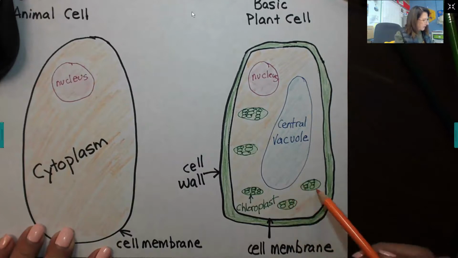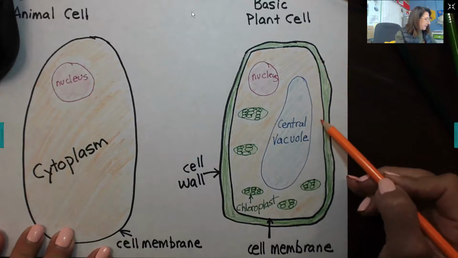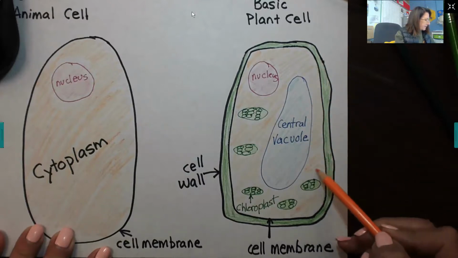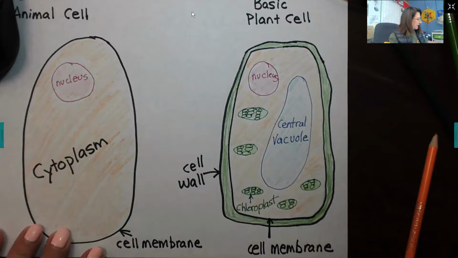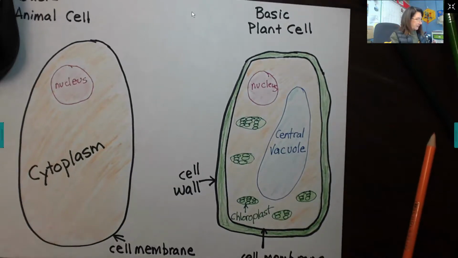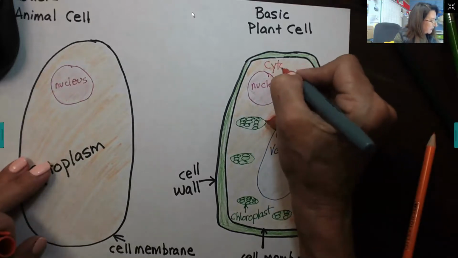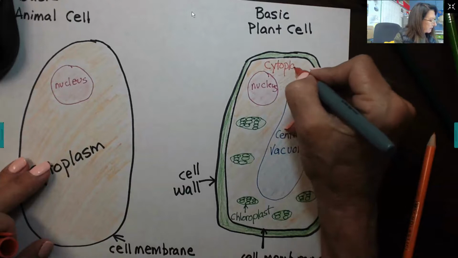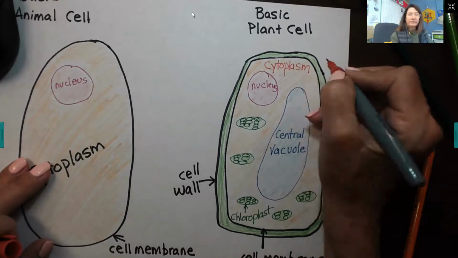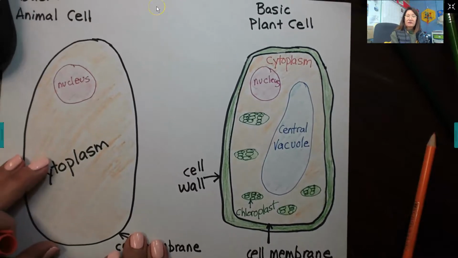So we're just going to color this. I'm almost done. Okay, and I'm going to label this the cytoplasm. So now we have it all labeled.